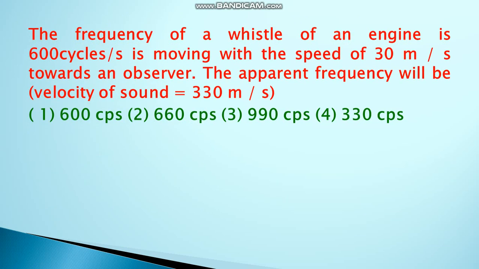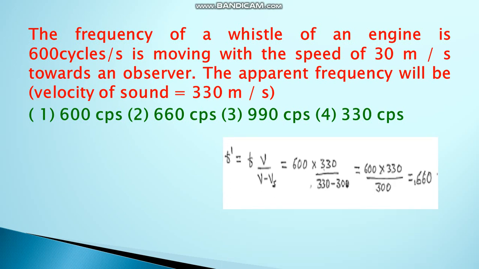Next question. The frequency of a whistle of an engine is 600 cycles per second, moving with the speed of 30 meter per second towards an observer. The apparent frequency will be? This is also a simple question. The speed of sound is 330 meter per second.